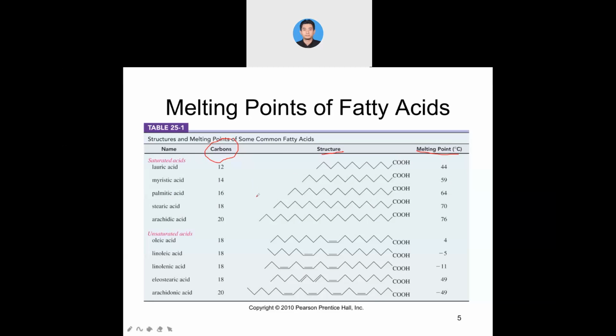If you look at the same number of carbons, for example oleic acid, it contains one double bond and the melting point is 4. Linoleic acid also has 18 carbons but contains 2 double bonds, and the melting point decreases to -5 Celsius.